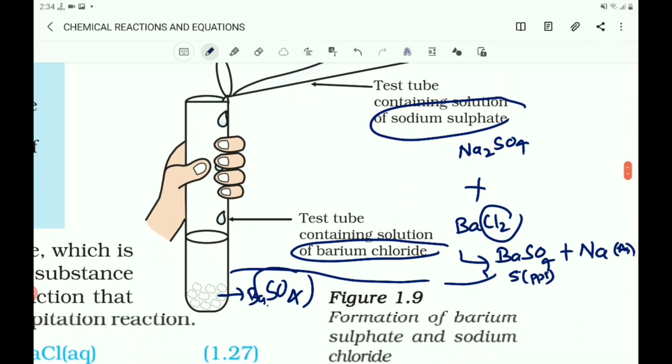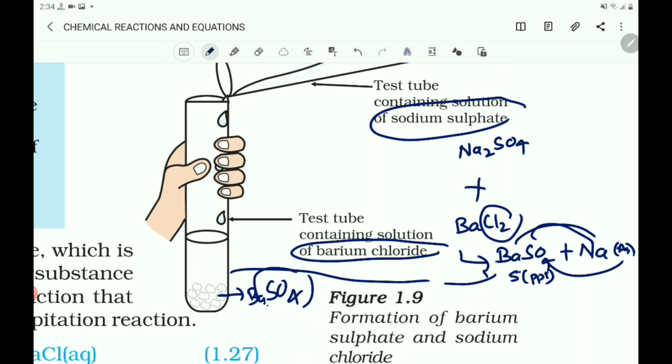See here, SO4 and Cl2 are exchanged. This is NaCl. You know that BaCl2, you can write here 2NaCl, and Na2, you got 2Na here.